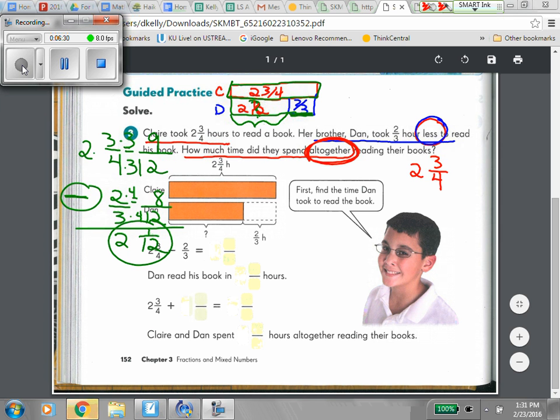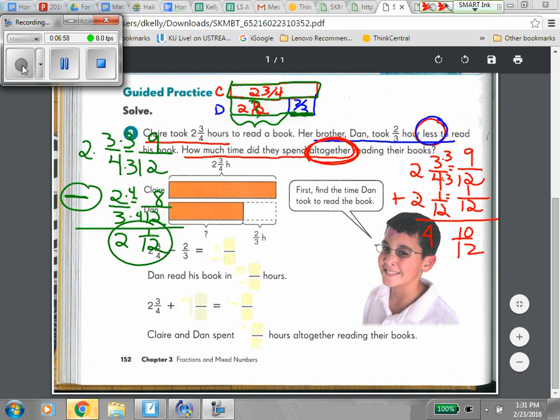Again, guys, sorry, I'm running out of room here. 2 3/4 plus the 2 1/12 that Dan read. Common denominator is 12. So 1/12 is the same thing as 1/12. 3/4 is the same thing as, 4 times 3 is 12, 3 times 3 is 9. 9/12 plus 1/12 is 10/12. 2 plus 2 is 4.